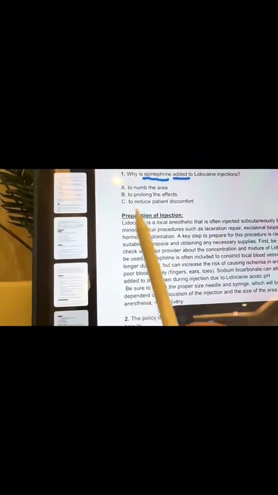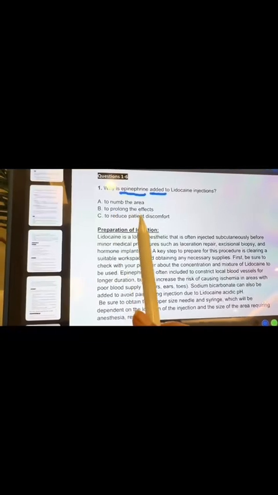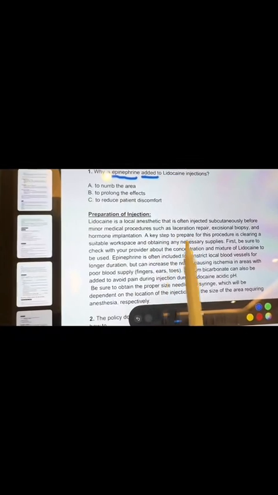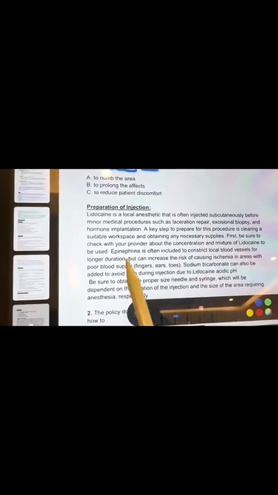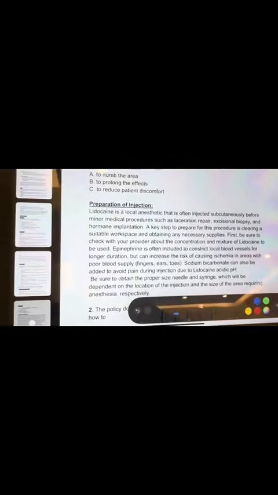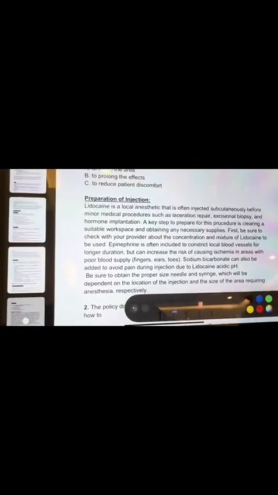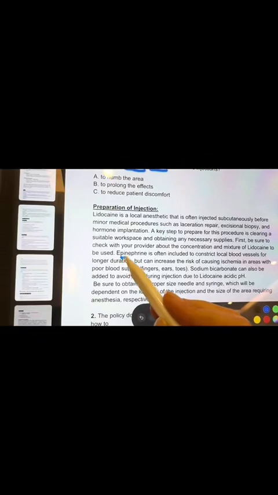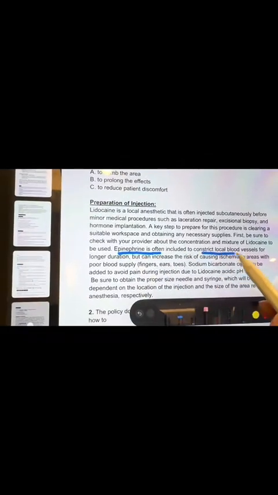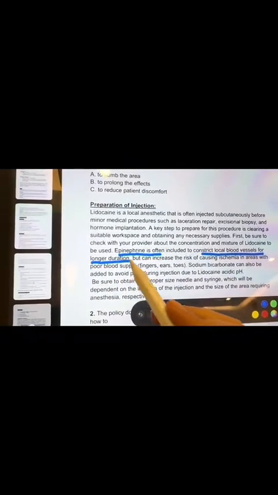Now I'll go for B. Either they use epinephrine to prolong the effects. I'm going toward the text to find out if there is something matching with option B. Here in this statement they tell about preparing for the injections, and then they say you need to be sure with your provider about the concentration and mixture of lidocaine, and here they are saying that epinephrine is often included to constrict local blood vessels for longer duration.